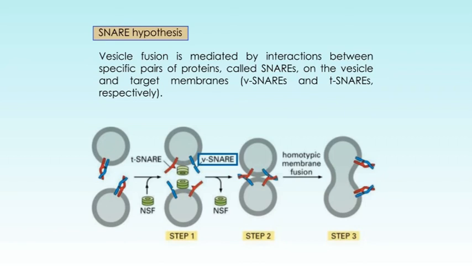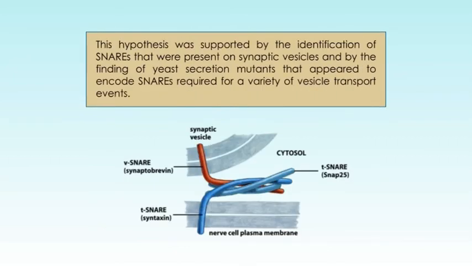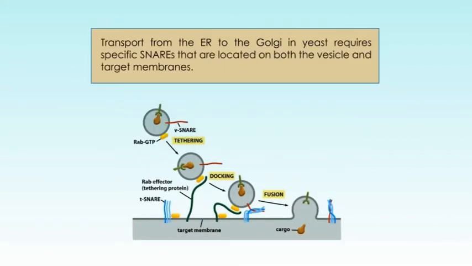We call them V-SNAREs and T-SNAREs respectively. This hypothesis was supported by the identification of SNAREs that were present on synaptic vesicles and by the finding of yeast secretion mutants that appeared to encode SNAREs required for a variety of vesicle transport events. For example, transport from the endoplasmic reticulum to the Golgi in yeast requires specific SNAREs that are located on both the vesicle and target membranes.